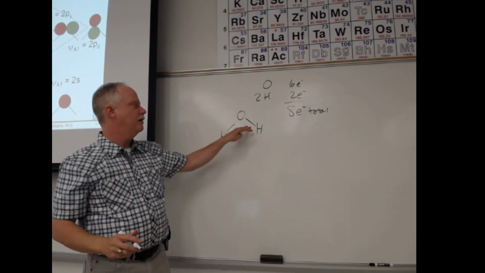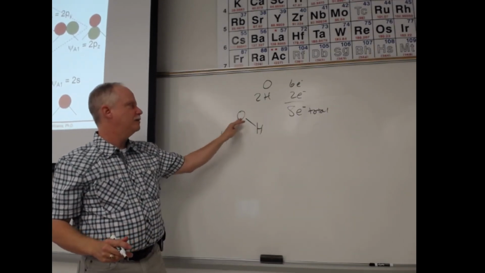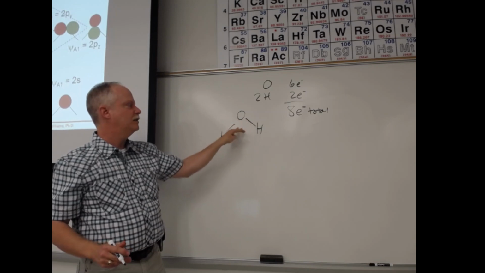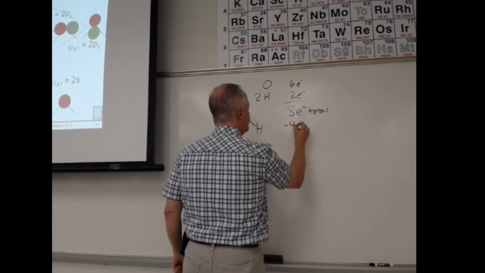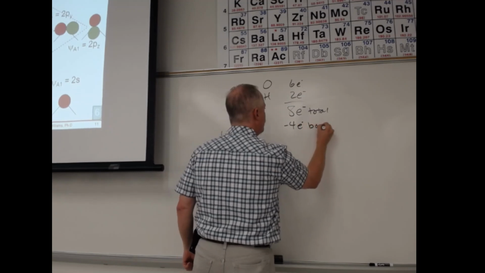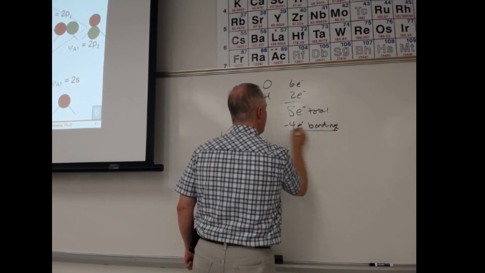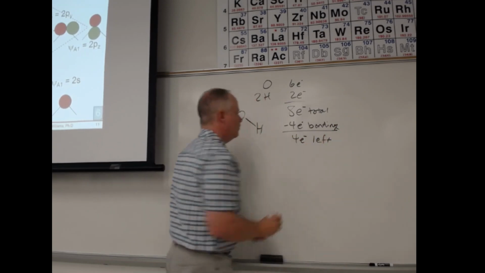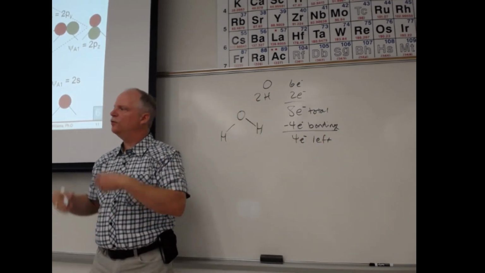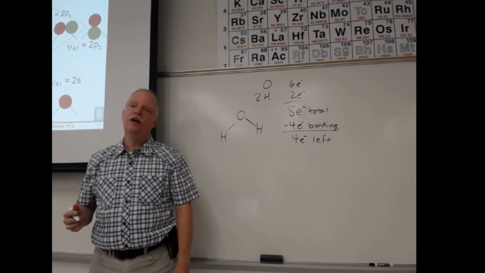Okay. We make the bonds between the atoms. So central atom of oxygen, 2 hydrogens. We've used 4 for the bonding. 4 electrons left. What do we do with those extra 4 electrons? We put them on the most electronegative atom.